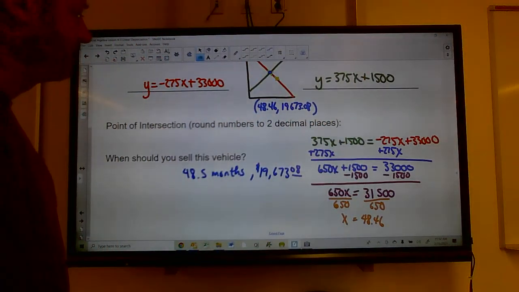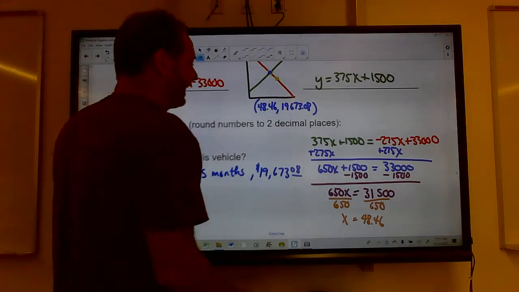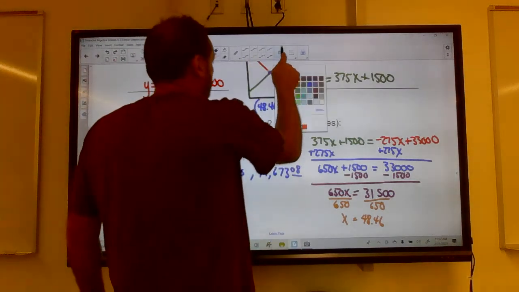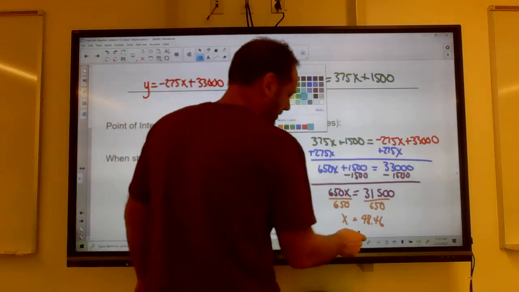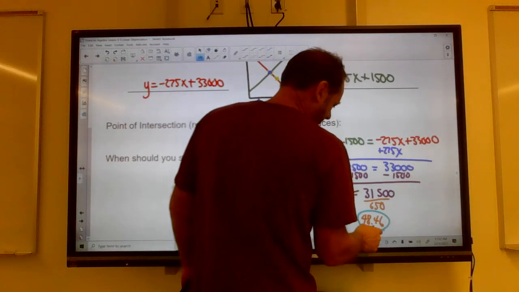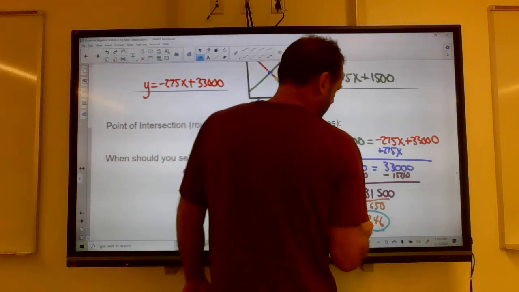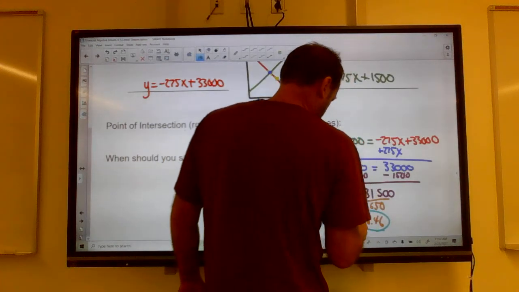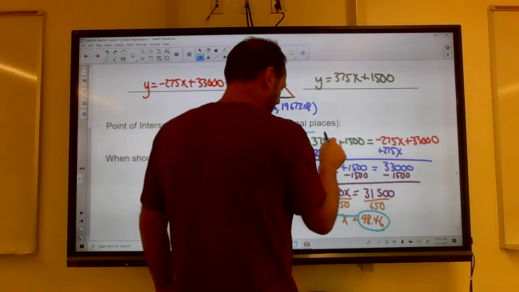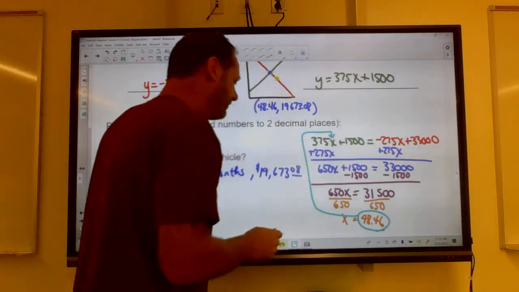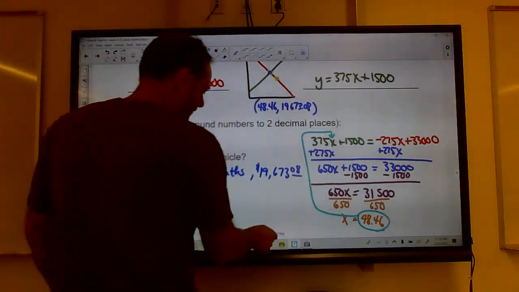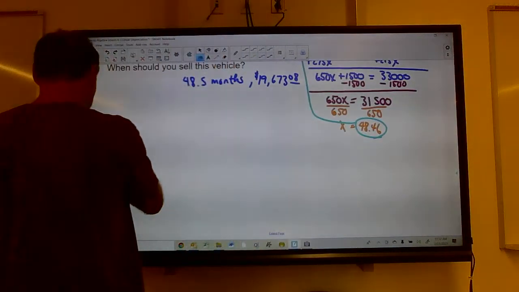Okay, now how do I find the y-intercept? Well, now that I know the x, I just take the value for x, and I can put it into either one of these two equations. It doesn't make any difference, because they're equal there. So I'm going to choose this one because everything's positive.